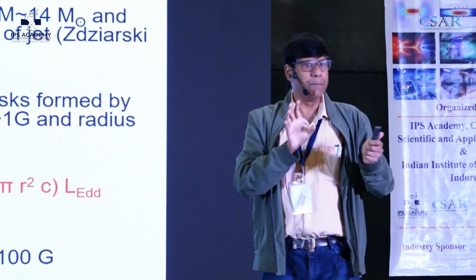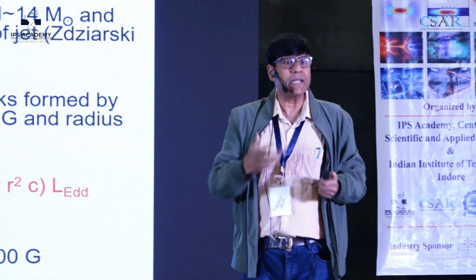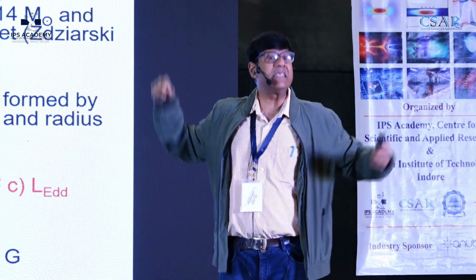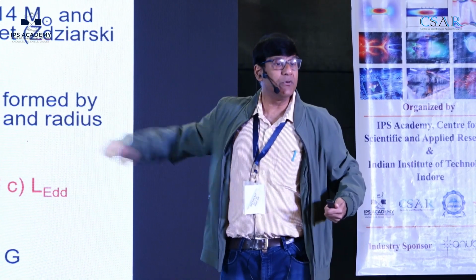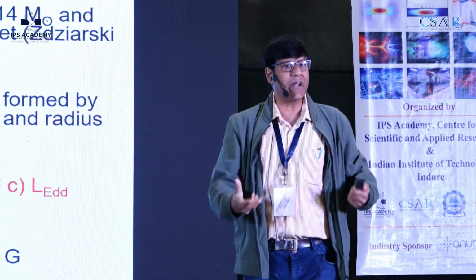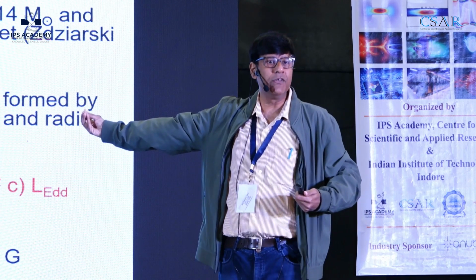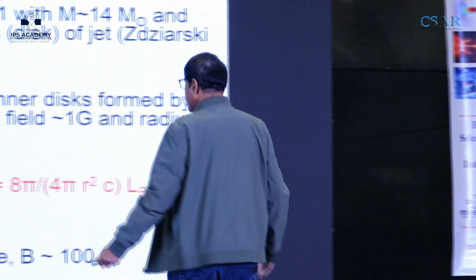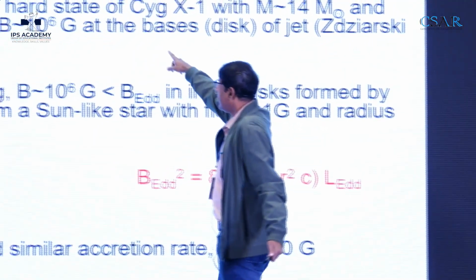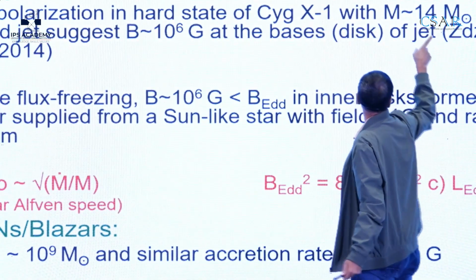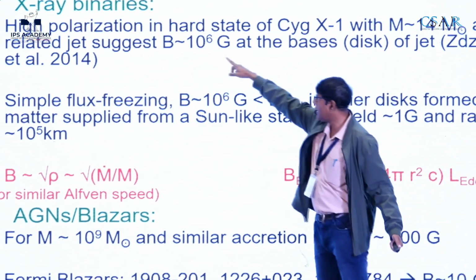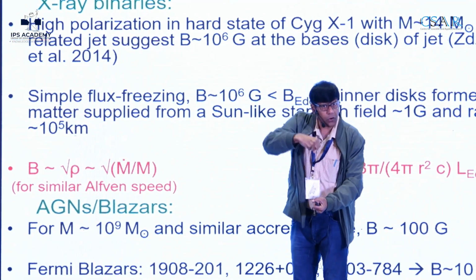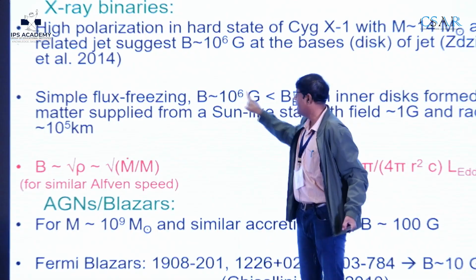So both are important, but then the question comes naturally: in natural systems, how strong could the magnetic field be, such strong field which I require as my ingredient to produce this powerful jet? Yes, it is available. Some black hole system called Cygnus X-1, from its observation, one can show the footprint of the outflow can have magnetic field about a million Gauss.